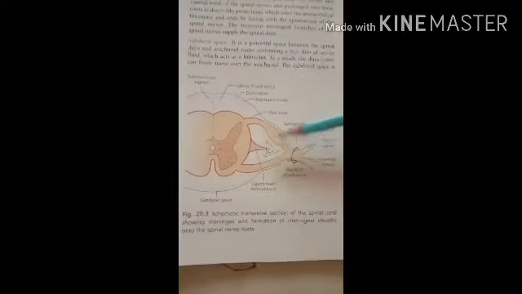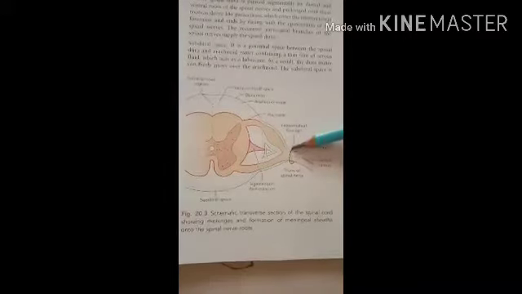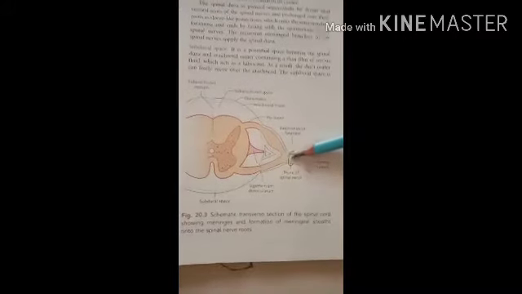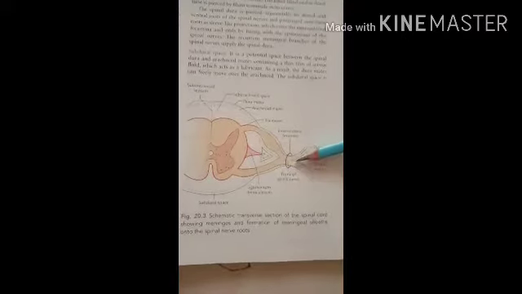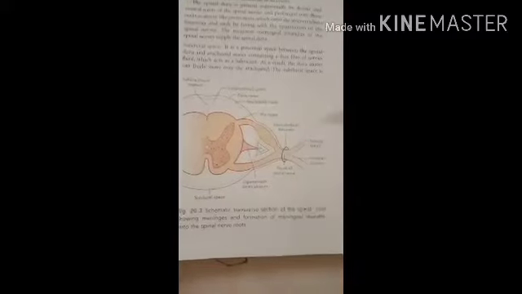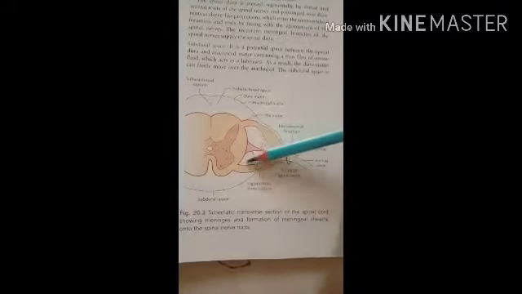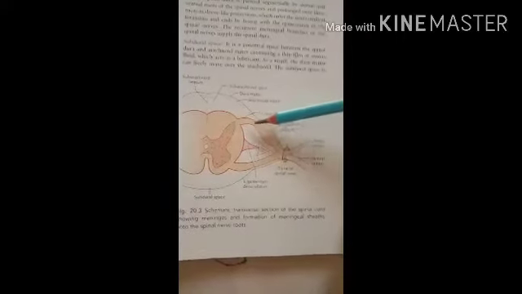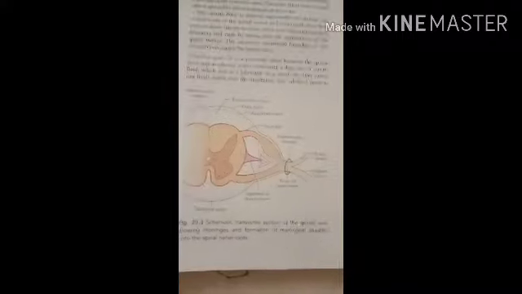Here the sensory root and the motor root join to form a single root, called the mixed nerve root or the mixed spinal nerve. The nerve root has no covering of pia mater. Pia mater is only present on the ventral and dorsal roots. When the nerve is formed, the pia mater covering is not present.